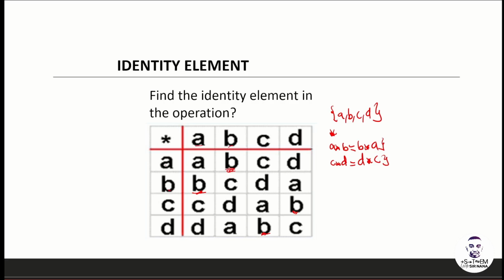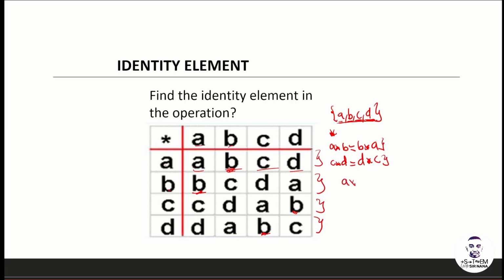So how do we get the identity element? One of the easiest ways to identify the identity element is to look at the order or pattern of the operation. So it starts with A, continues with B, continues with C, and continues with D. So check through these and look for which of them has that pattern. So we realize that the first one has that pattern, A, B, C, and D. Now, let's consider each of them one by one.